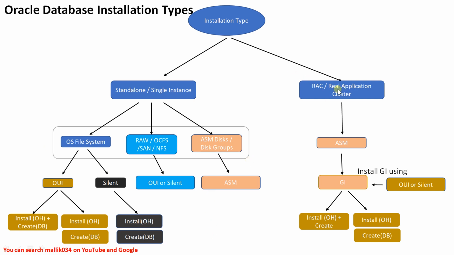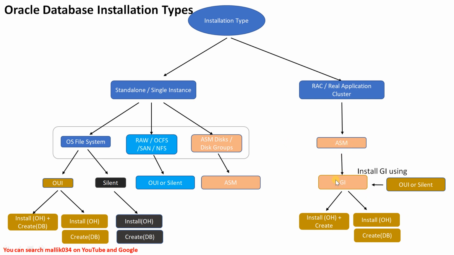Coming to the Real Application Cluster, what you are going to do is install your Real Application Cluster on your ASM disk groups, ASM disks. You are first providing your ASM disks, and then on top of that you are going to install the GI, Grid Infrastructure home. Grid Infrastructure home is nothing but a combination of your ASM home plus clusterware home, both together. Grid Infrastructure home you are going to install on the ASM disks or ASM disk groups.